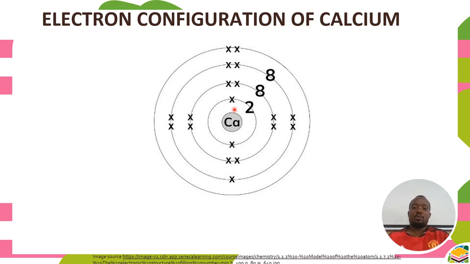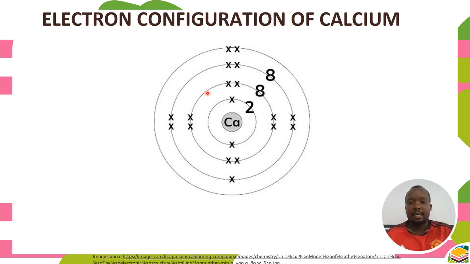Okay, let us go to the next energy level. This energy level is energy level number 2. We said in energy level number 2, how many electrons will fill it? The answer is 8.